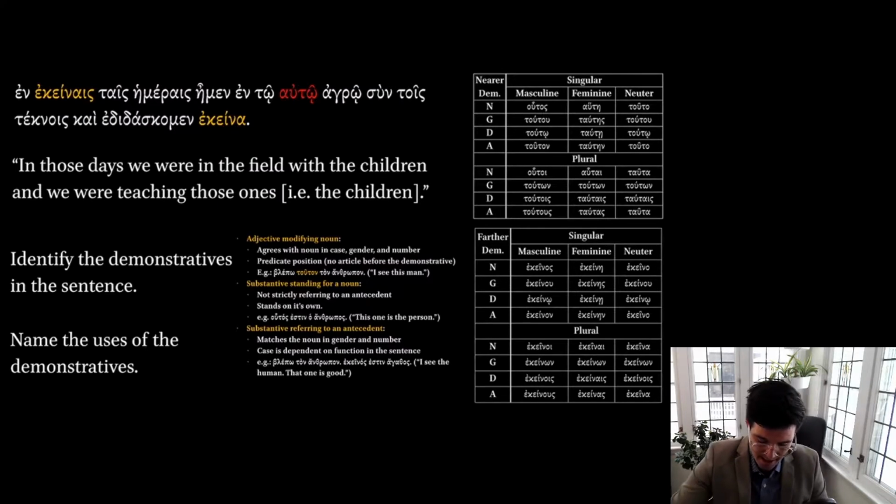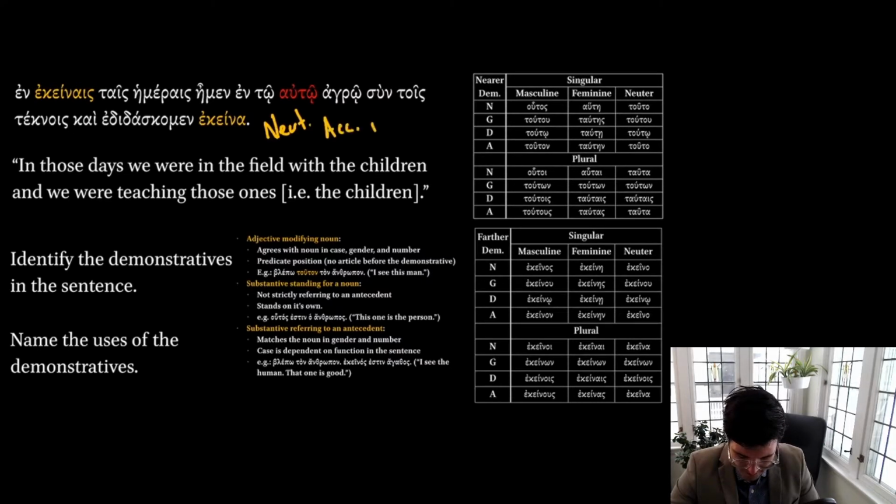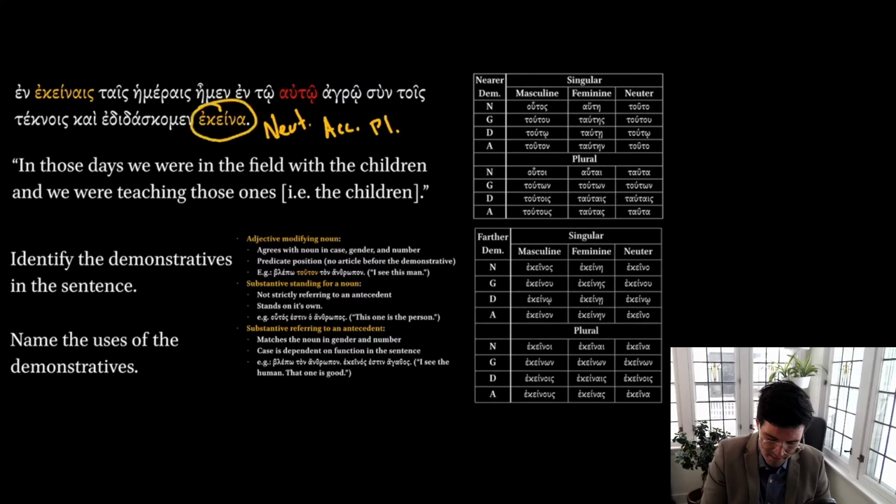So in the case of ekena, our parsing information is going to be neuter, accusative, plural. And this neuter accusative plural, it's the object of the verb we were teaching. We were teaching those ones.